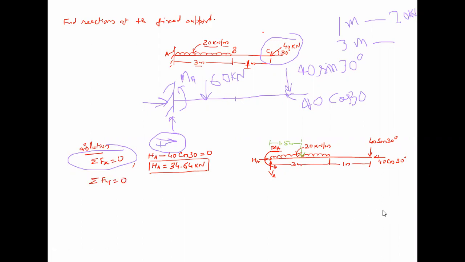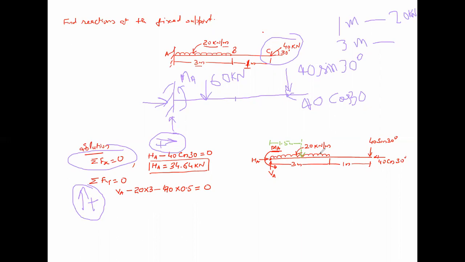Now balance vertical forces. How many vertical forces are we getting? VA, this 20 kilonewton per meter UDL is also applying vertical force, and 40 sine 30. So three forces are acting vertically. Okay, so these three forces we have to consider. We are taking vertically upward as positive sign. So VA is acting vertically upward, positive, minus 20 into 3.